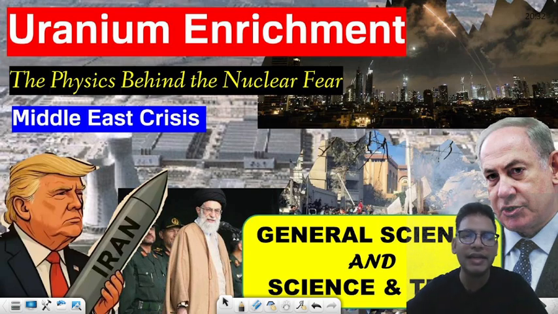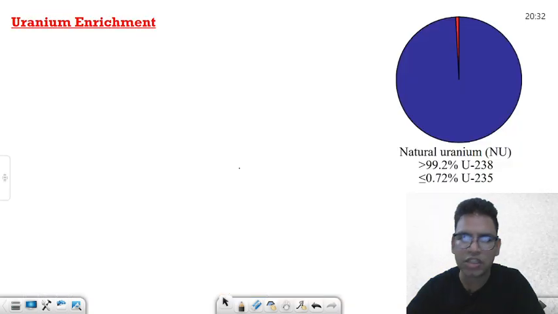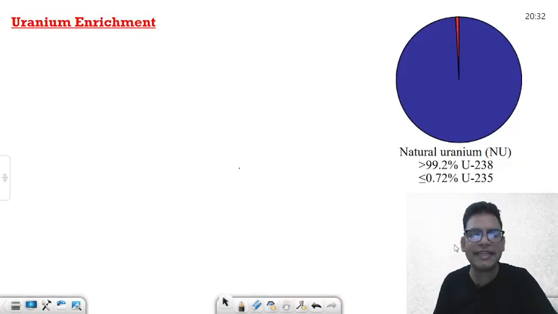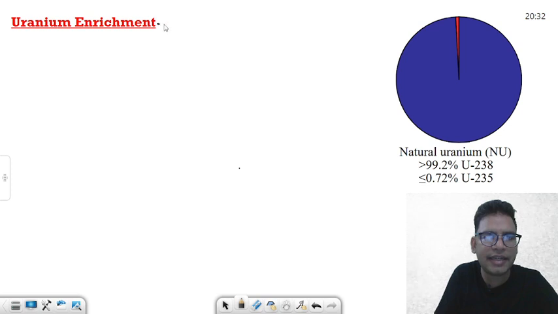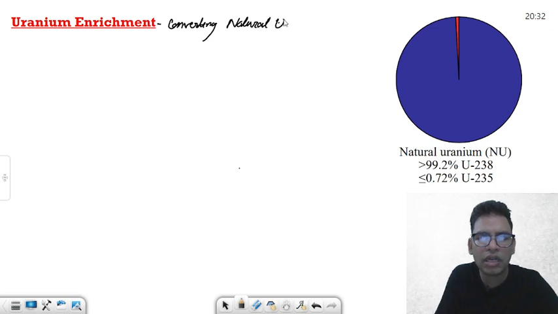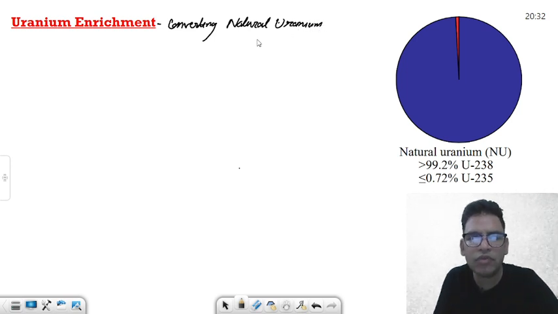First of all, we'll discuss natural uranium. Alright, so here we go. Just a minute. So uranium enrichment is basically converting natural uranium, which is primarily uranium-238, into highly enriched uranium, which is actually uranium-235.